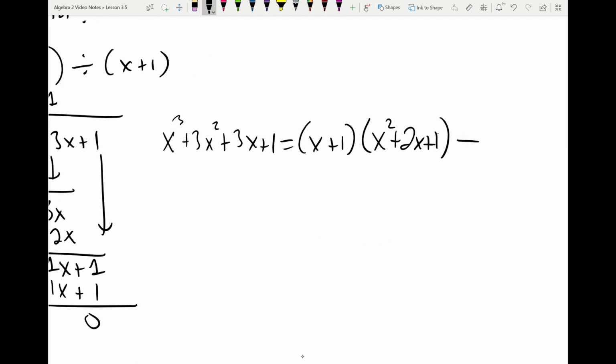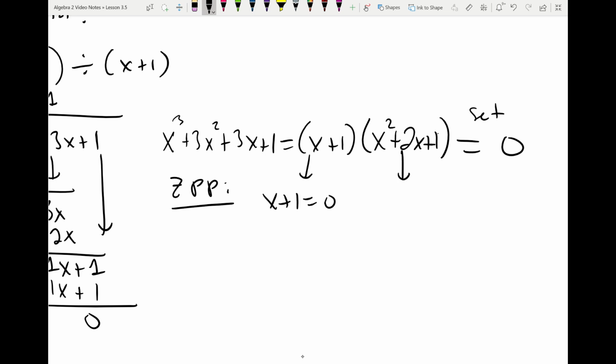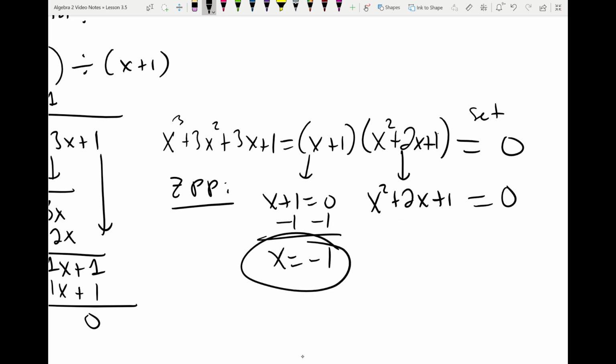All right, so now we're going to set this equal to 0 and use the zero product property. So we have x plus 1 equals 0, and we have x squared plus 2x plus 1 equals 0. We can actually factor this a little bit more, which we'll do in a second. For this one, we subtract 1 on both sides, so we get x is negative 1. So that's one of our zeros.